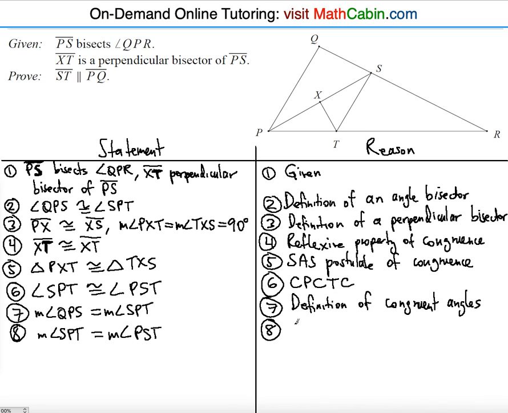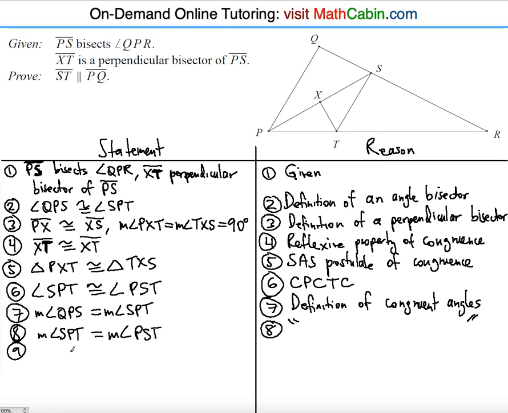And again, this is the definition. I'm going to use the same, so this is the same as reason 7, the definition of congruent angles. I'm just saying that just to be sure, because we didn't have the measure of angle PST is equal to the measure of SPT. Some teachers will not mind if you skip it, but I just want to make sure, because we're going to use exact substitution.